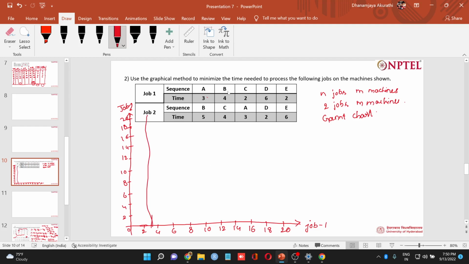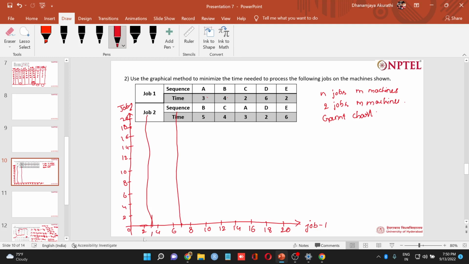To do job 1 on machine B after completing machine A is 4 hours. That means the total out time to do job 1 on machine B is 3 plus 4, that is 7 hours. So make a mark at 7 on the x-axis for job 1.